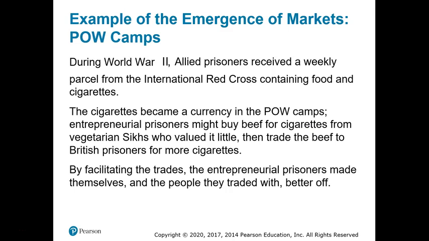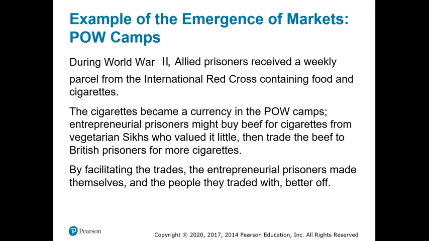During World War II, there were three different groups: those who wanted cigarettes, those who wanted beef, and those who didn't want beef, vegetarians. Allied prisoners received a weekly parcel from the International Red Cross with food and cigarettes in it. Cigarettes became the currency between all three.